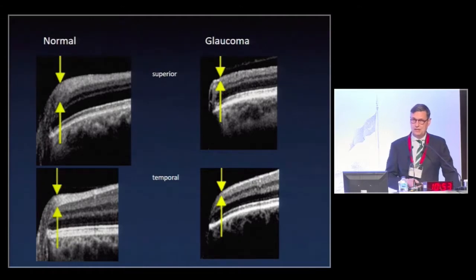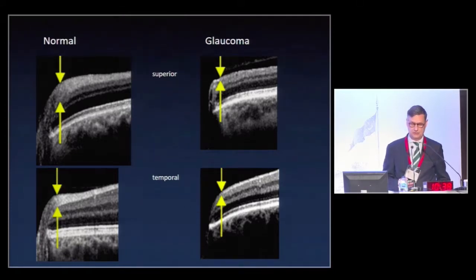On the left-hand side, you see a normal patient with a normal retinal nerve fiber layer with highly reflective inner band, and on the right-hand side, you appreciate how the nerve fiber layer has been lost, has thinned, and the ganglion cell layer underneath has also thinned in the course of the disease.